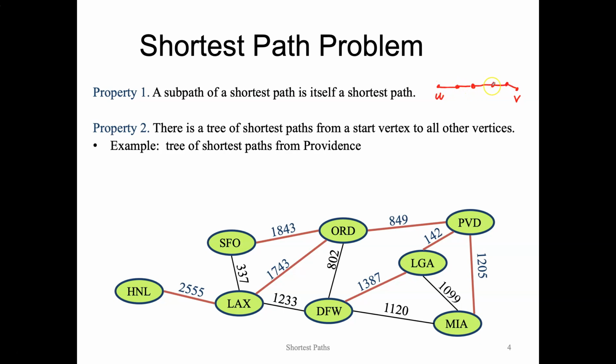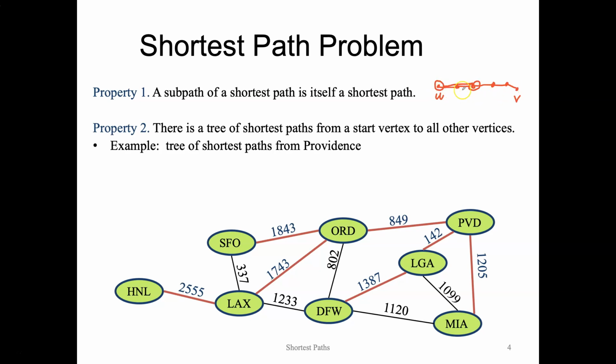If we knew already that this was the shortest path, then any part of this path is also shortest. So that means that, let's say from here to this vertex is the shortest path through this edge. This is the shortest path because it's a subpath of an even larger shortest path.